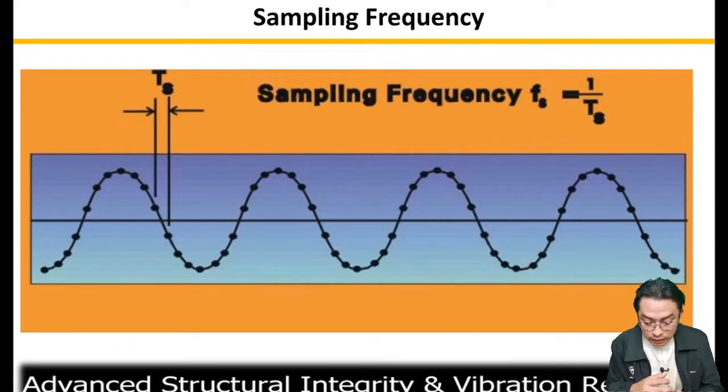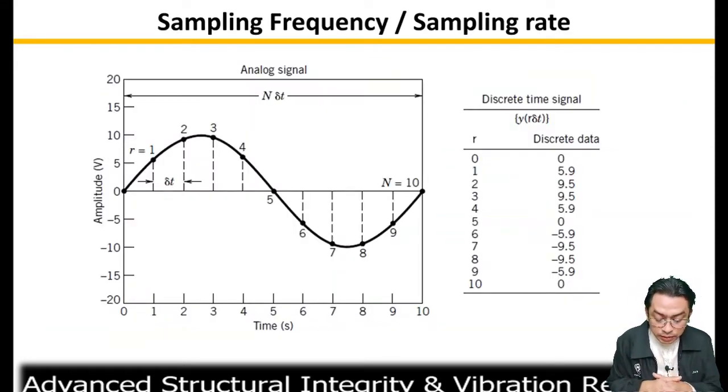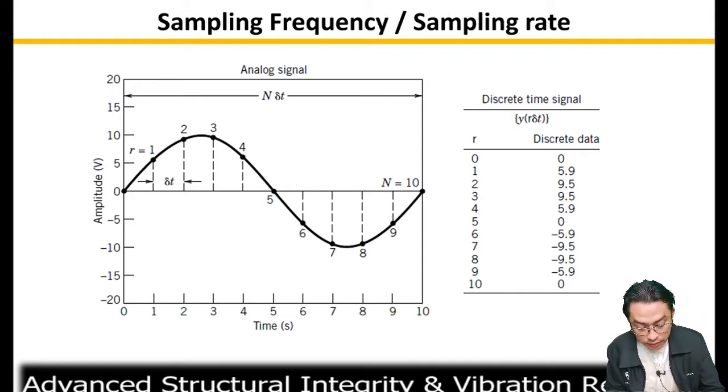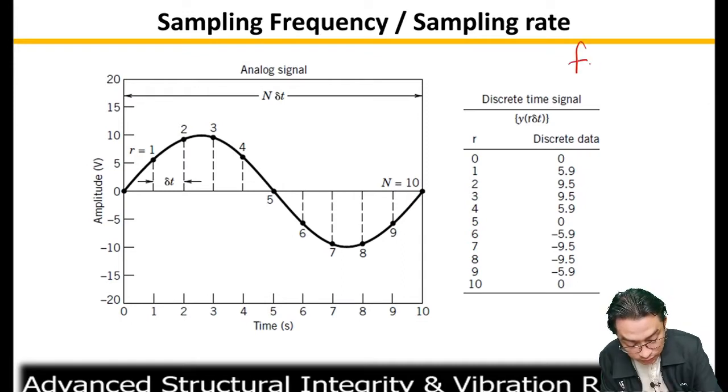Okay, so this is an example of an analog signal being sampled. Let's say we have a signal with 1 cycle per 10 seconds. Let me write it down here. F equals 1 cycle over 10 seconds.